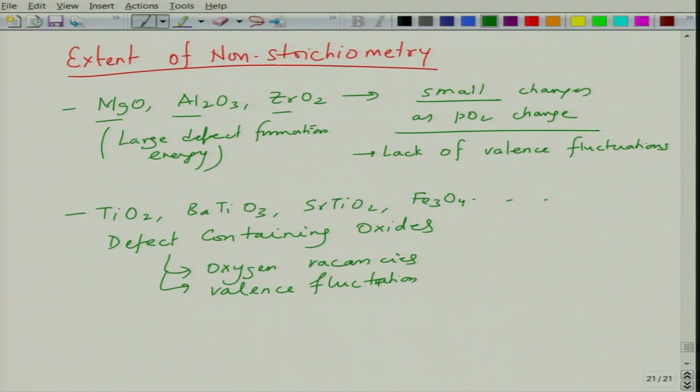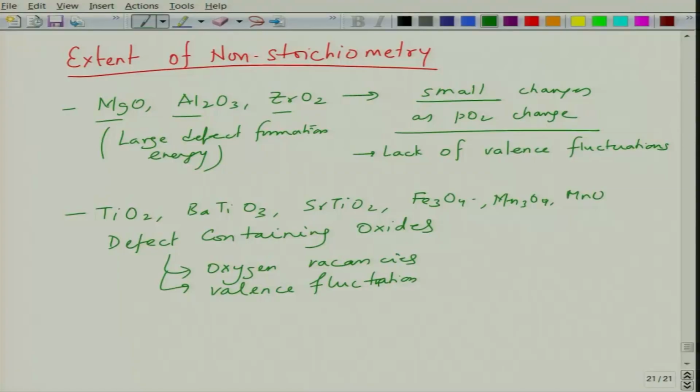So, as a result, in these systems where you have transition elements, especially Fe3O4, you can have Mn3O4, you can have MnO2, things like tungsten oxide, molybdenum oxides, bismuth ferrite.